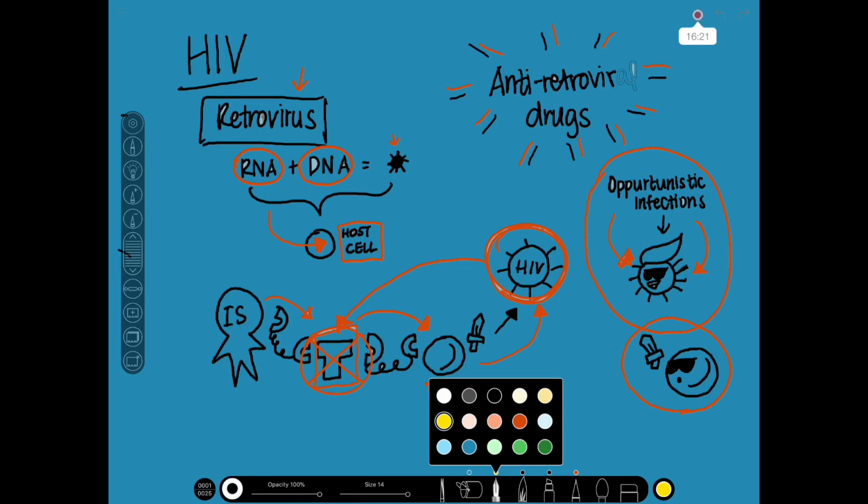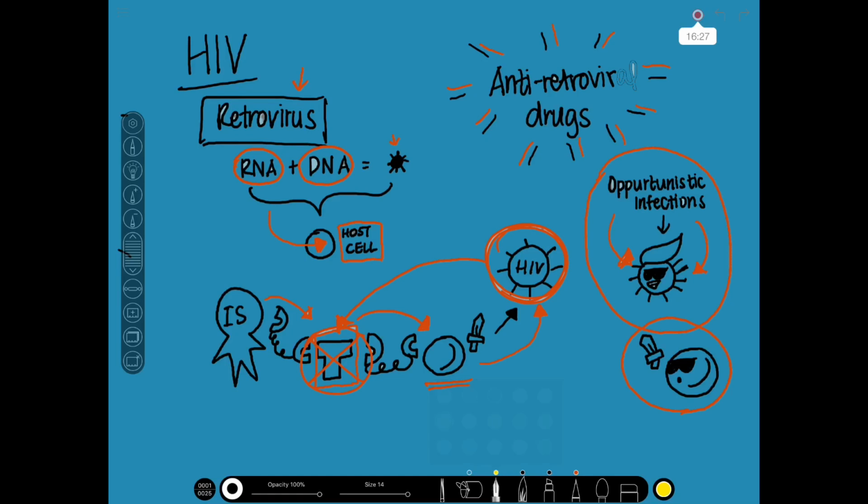So to recap what I just said about HIV, HIV is a retrovirus that has genes made of RNA, but once it enters a host cell, it uses reverse transcriptase to make DNA to make copies of its genes. Our immune system produces antibodies by a complex process, which includes using different types of lymphocytes, including T helper cells.